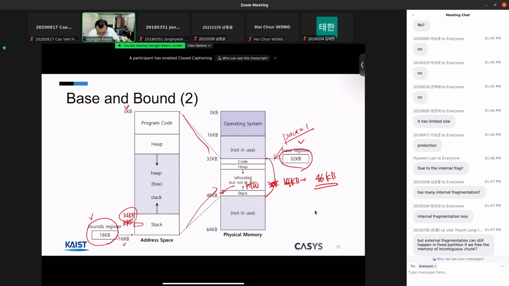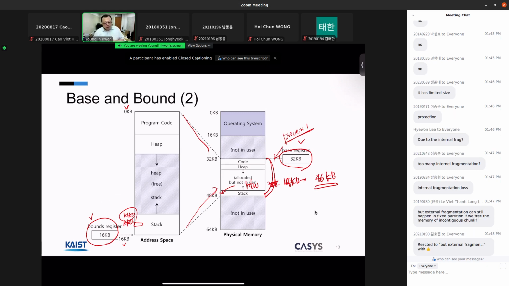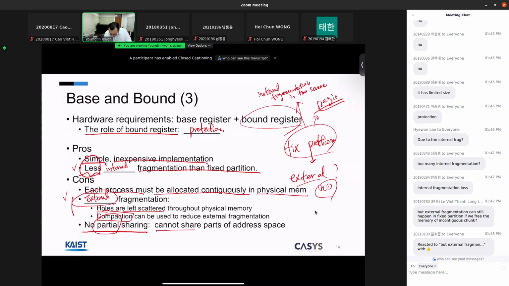Process one uses this entire memory region specified by the base and bound, and this entire physical memory has to be shared in its entirety or not at all. So the sharing granularity is the entire region specified by base and bound, so no partial sharing is supported.